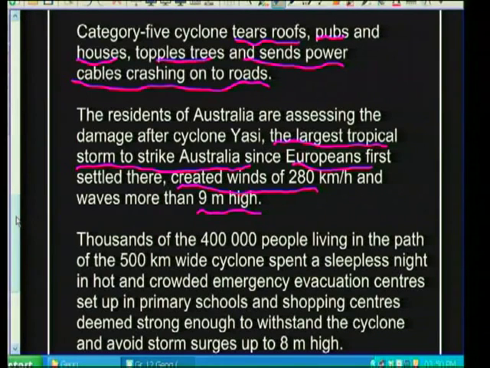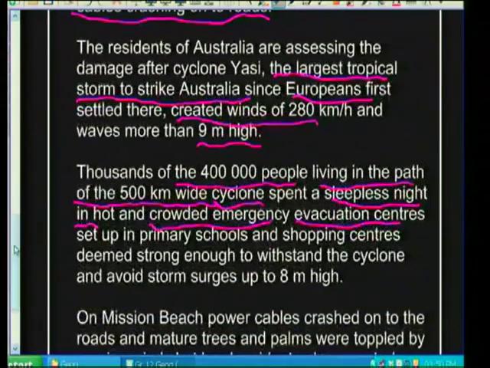Thousands of the 400,000 people living in the path of the 500 kilometers wide cyclone spent sleepless nights in hot and crowded emergency evacuation centers, set up in primary schools and shopping centers, deemed strong enough to withstand the cyclone. It seems that they have buildings strong enough. Maybe they receive a lot of cyclones in this area.